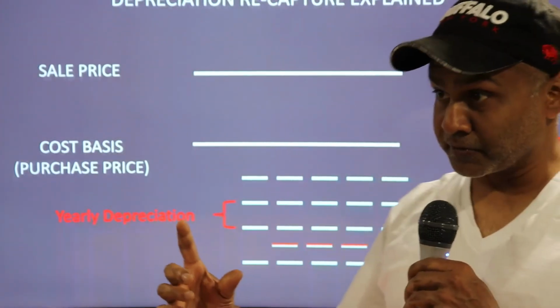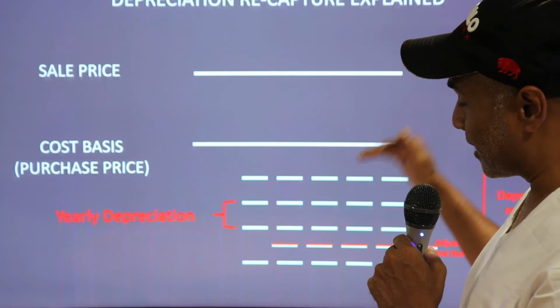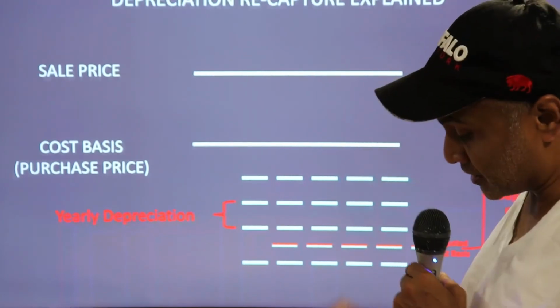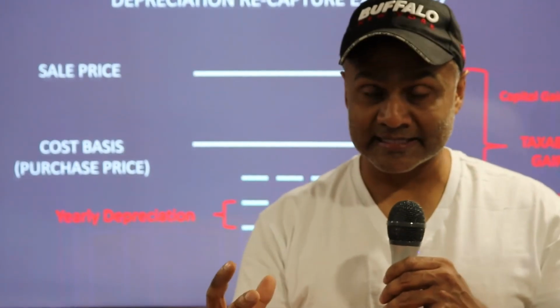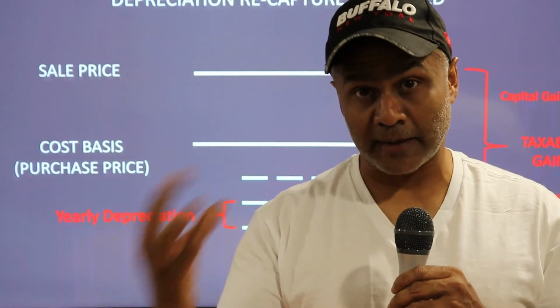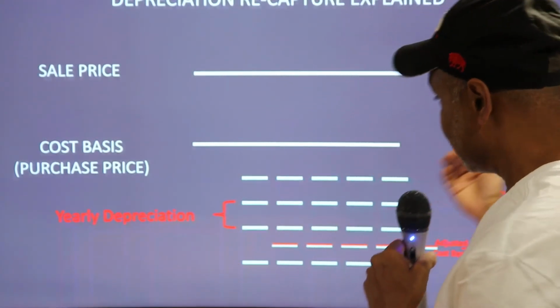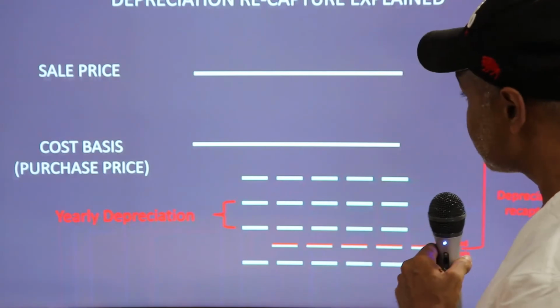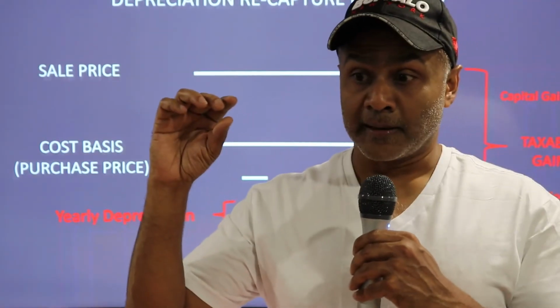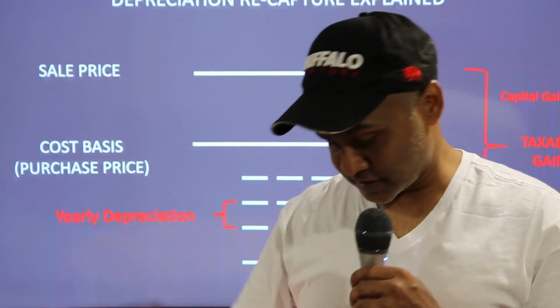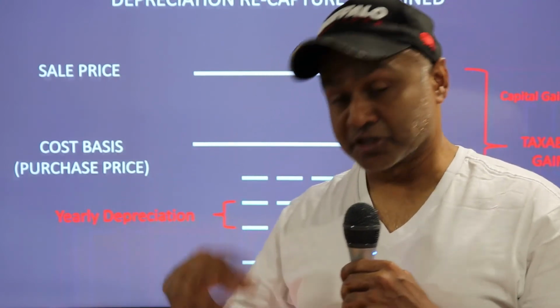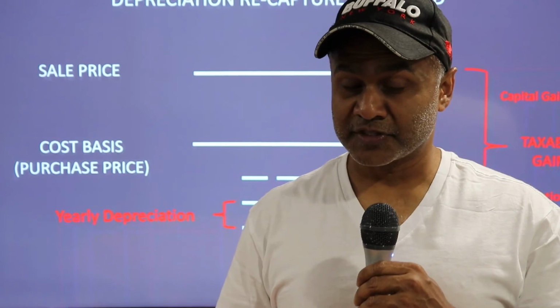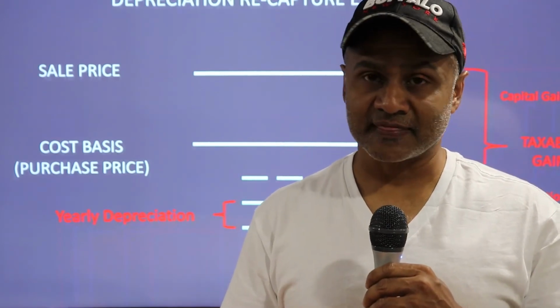The first component, the difference between the cost basis and the sale price, is your capital gains. There's a certain tax rate for your capital gains. And then the difference between your adjusted cost basis and your cost basis is known as your depreciation recapture. So super important to understand that.